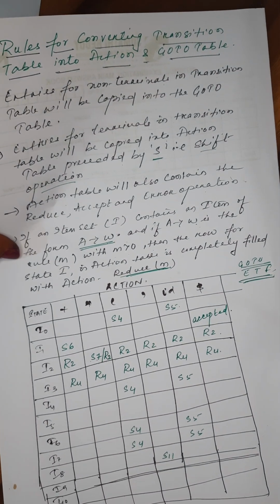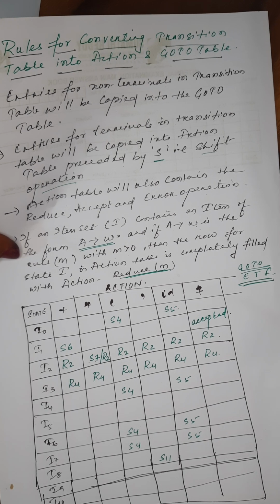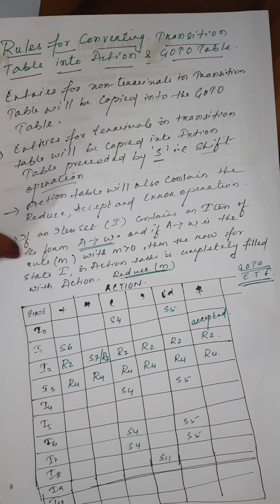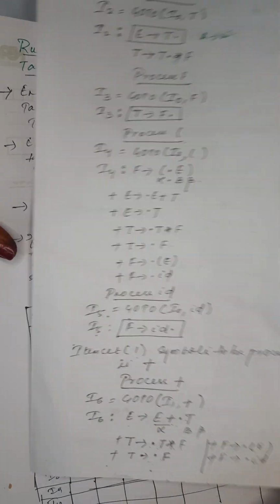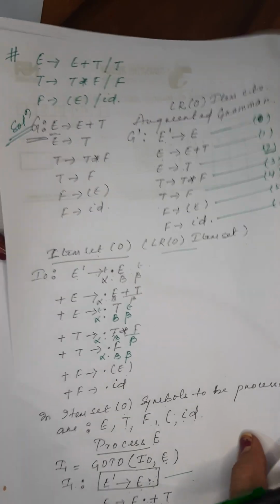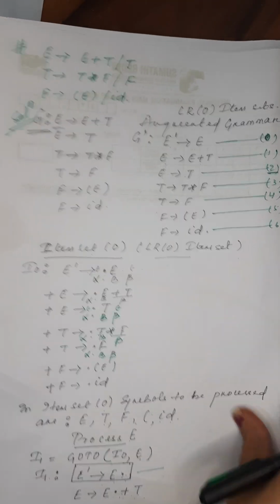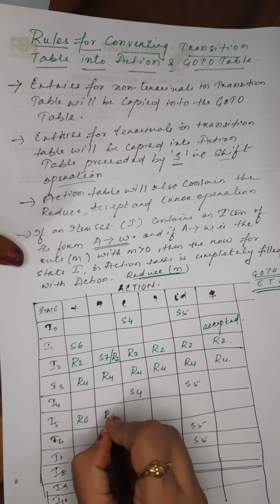Okay. In I4, no symbol is there which is left to be processed, so no need to write anything. Again in I5, what is there? See, in I5 we have F tends to id dot, and what is the equation number? It is 6. So, in I5 we will enter R6.